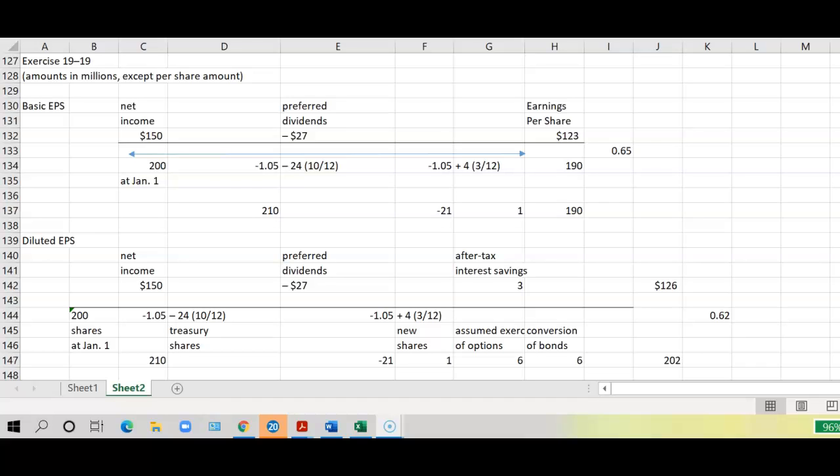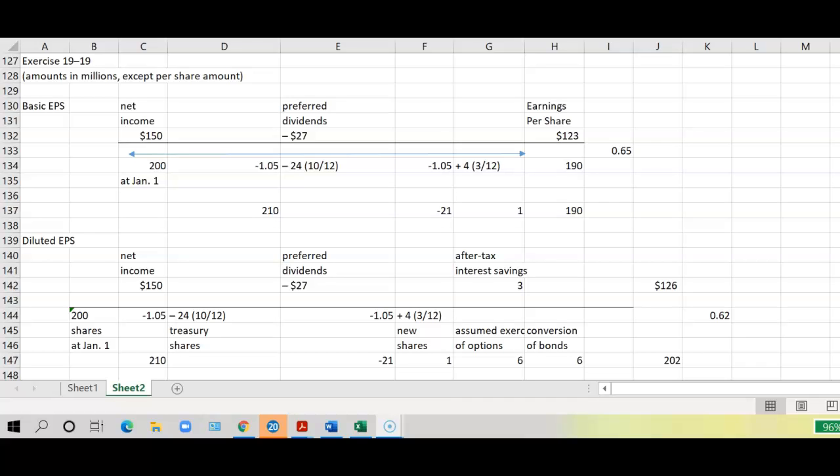Also, outstanding at December 31st were incentive stock options granted to key executives on September 13, 2016. The options are exercisable as of September 13, 2020 for 30 million common shares at an exercise price of $56 per share.